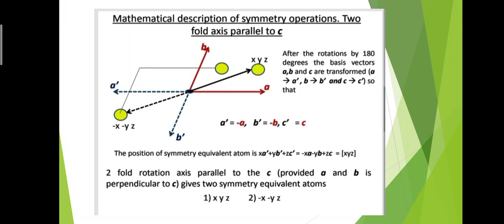Mathematical description of symmetry operations, two-fold axis parallel to C. After the rotation by 180 degrees, the basis vectors A, B and C are transformed: A is transformed to A dash, B is transformed to B dash, and C is transformed to C dash.